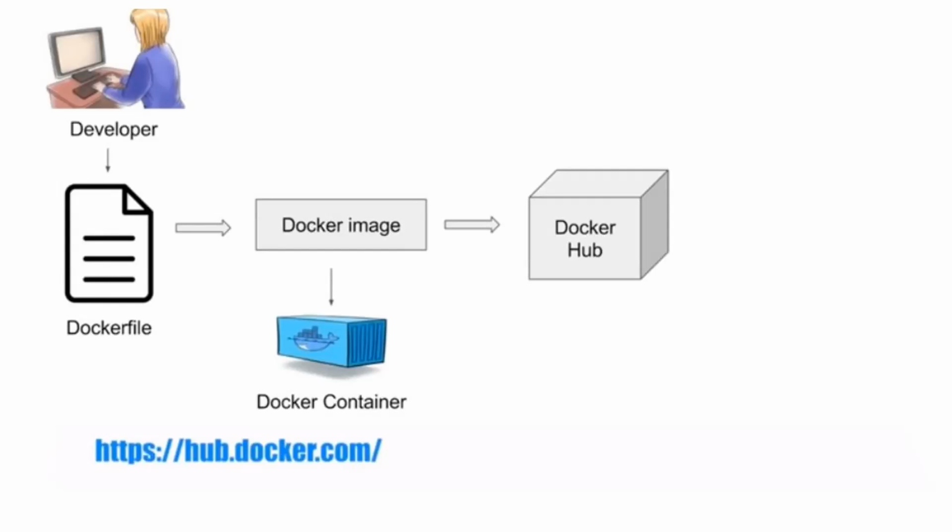So in other words, if you have written a Python application or a Java application, and you don't want to worry about installing Python and the other dependency packages and things like that, we can directly go to hub.docker.com and download a Docker image which contains Python already installed, or Java already installed, or a combination of these software already installed, so that we can avoid the steps of installing and configuring them, and so on.